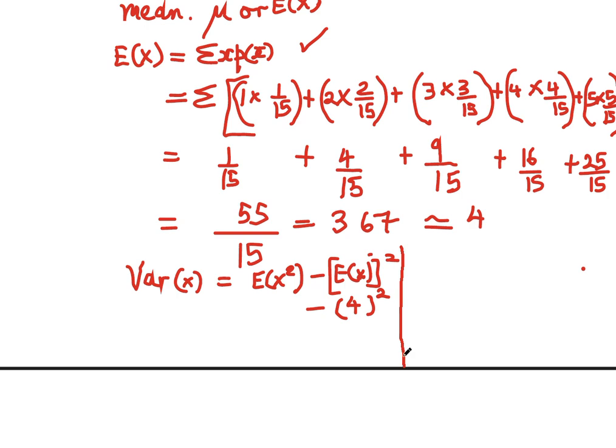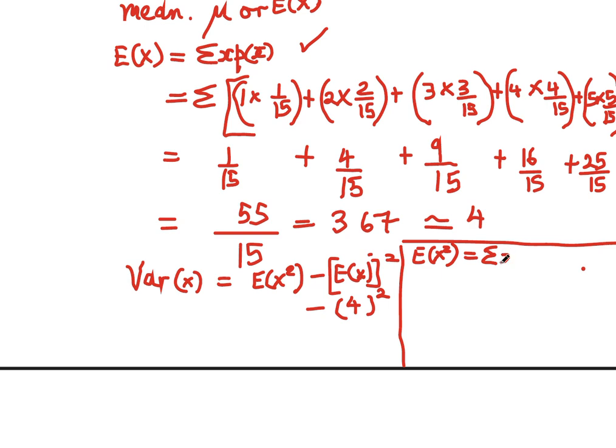Now, I'm going to demonstrate here how to work out the expected value of x squared in this box. So the expected value of x squared is computed using a formula similar to what we applied in computing the expected value of x right here. If you look at the formula for the expected value of x, it says the summation of x multiplied by p of x.